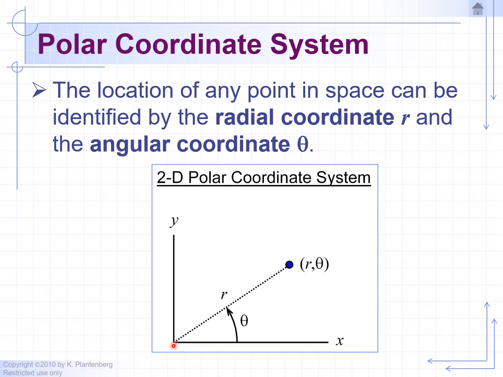The radius will represent the length to locate our point. Think of it as the radius of a circle, and this point is being located in a circular fashion. And to lock it down, we're going to use an angle. Theta represents our angle with respect to the x-axis, and we're going to go in a counterclockwise fashion.